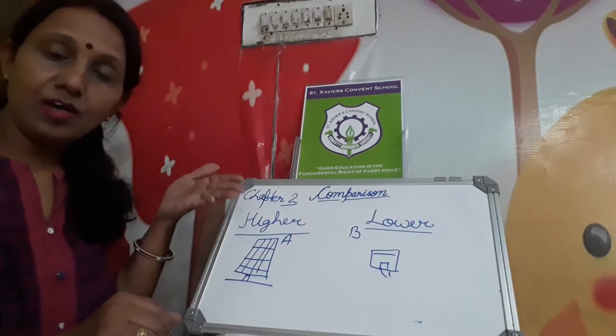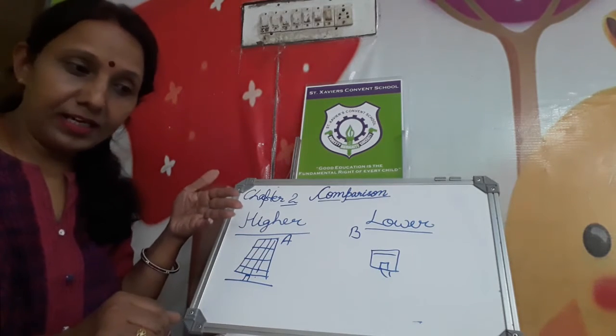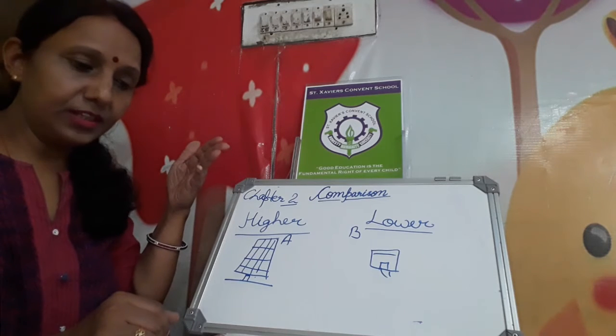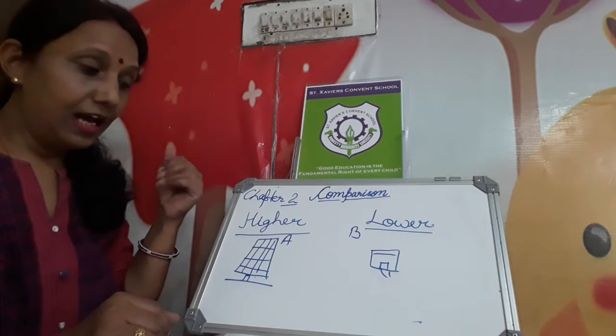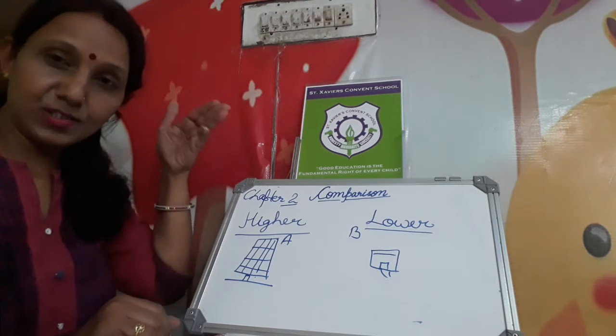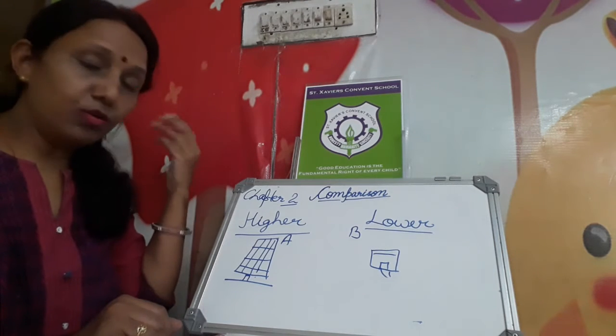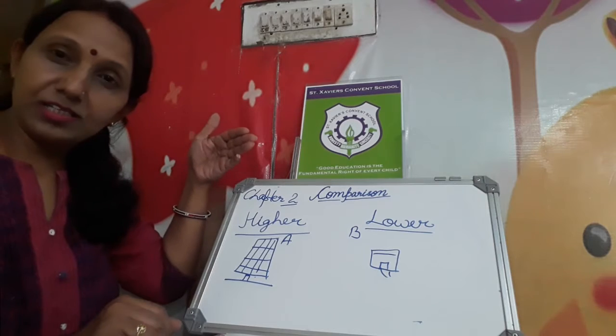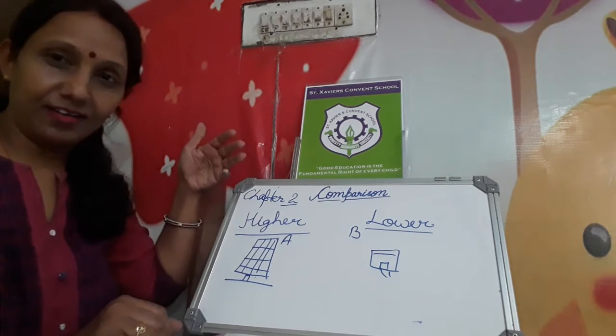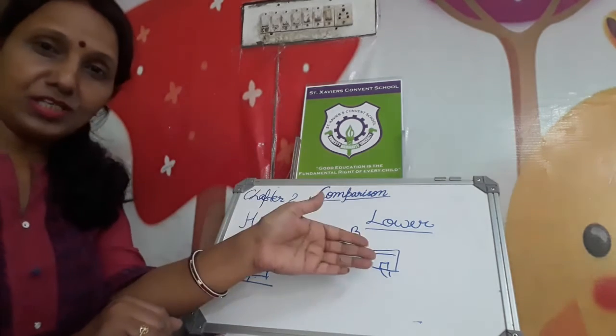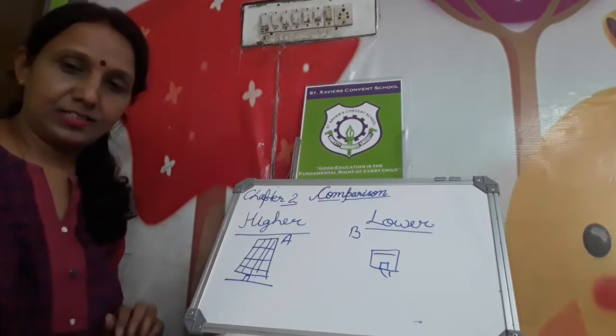The buildings of offices and the flats have many stories, so that's why they are higher. And some houses you can see are lower in size.